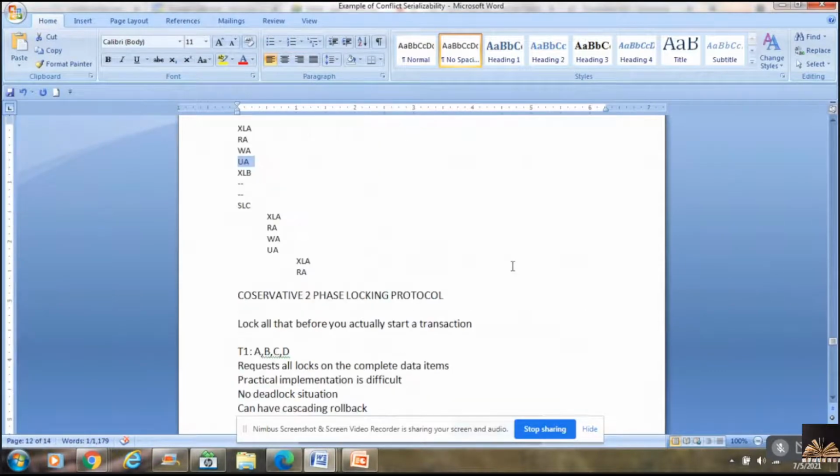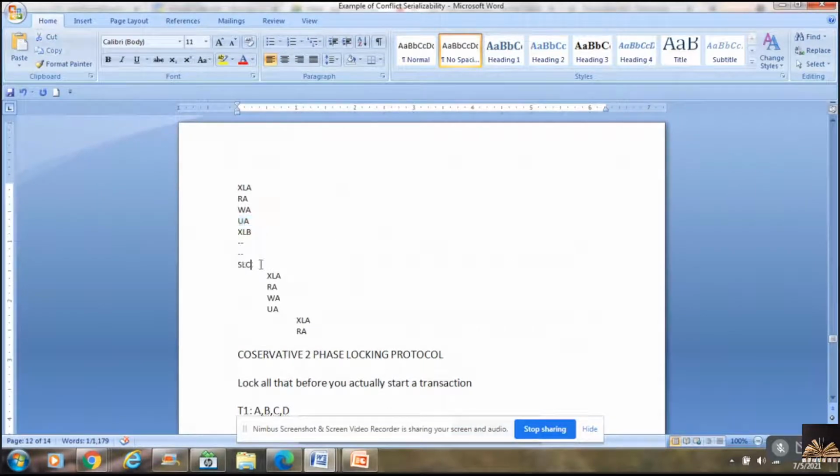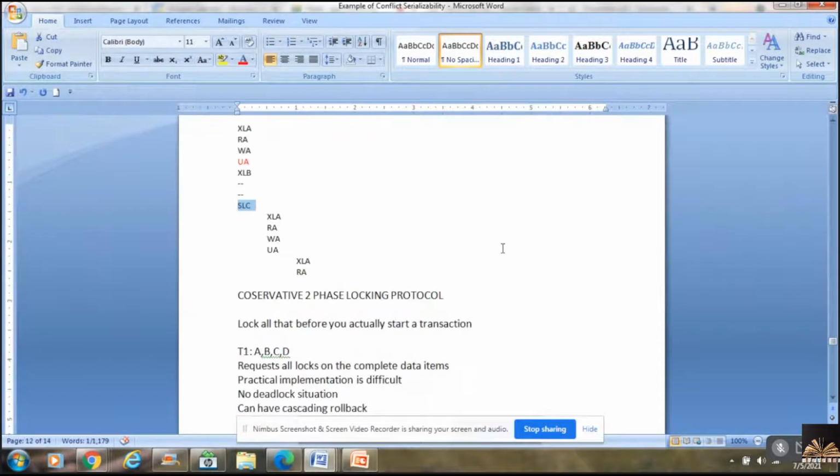But you can release the shared locks. So this is a violation of strict two-phase locking protocol, but the shared lock on C can be released with respect to strict two-phase locking protocol.